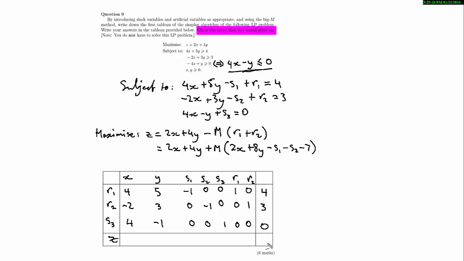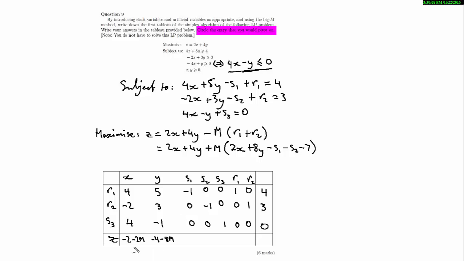Okay, so finally we're ready to fill in our Z row. We do that as normal, but also notice that we have this M part of the objective function too. Let's look at this x column and this entry here. We have -2 for this part, but also notice we have 2Mx for this part too, so we have to minus 2M as well. And now for y, we have -4, and then -8M as well for the M part.